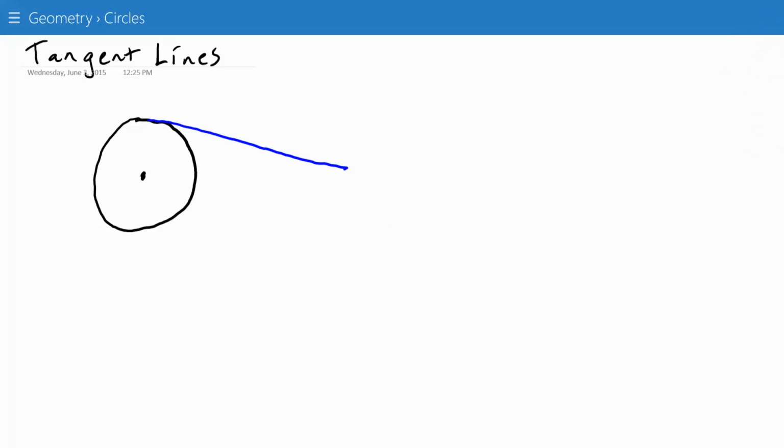So I'm going to draw a couple tangent lines, and they're going to connect. We got the same endpoint on those guys. So tangent lines, they touch the circle at exactly one point. That point is called the point of tangency.